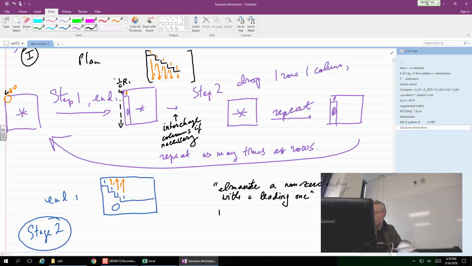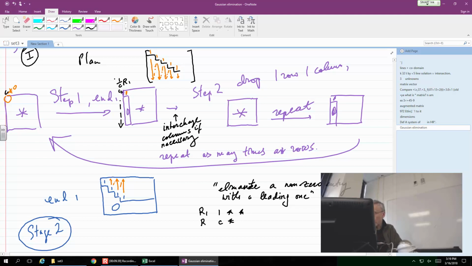If I have 1 here and some other stuff elsewhere, and then I have a non-zero entry here, say c.